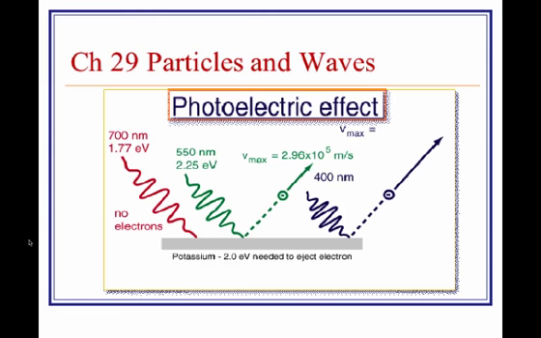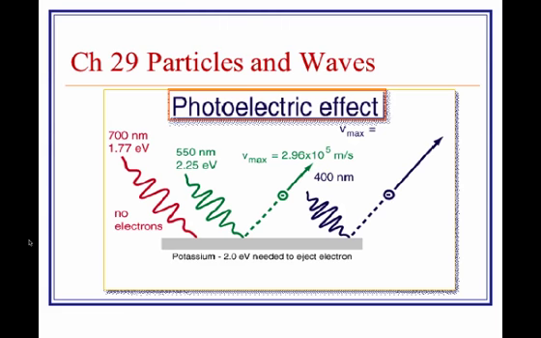Next, we have the green light, about 550 nanometers. It has 2.25 electron volts of energy. That's more than enough of the work function needed to eject an electron. So we can use that to find the remaining energy, and from that kinetic energy, the maximum velocity that this electron could have, we can calculate using 1/2 mv squared.